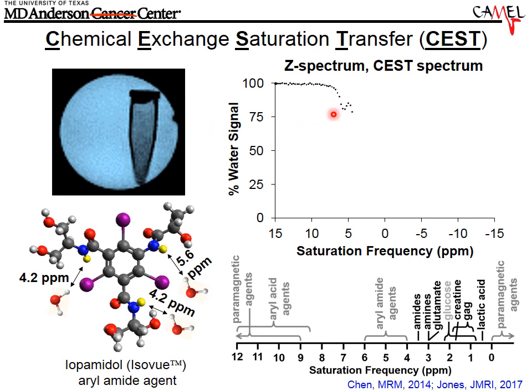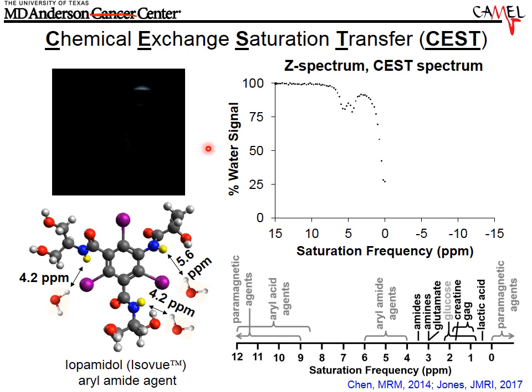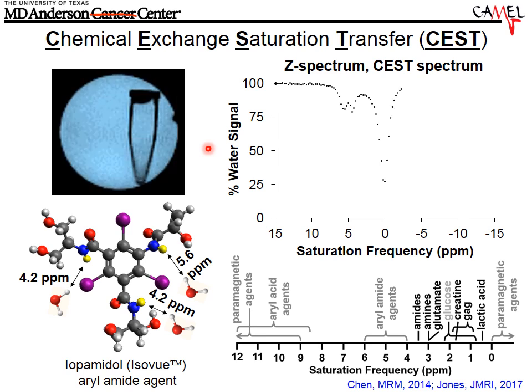And you can see another peak is appearing within this so-called Z spectrum or CEST spectrum. And if I were to continue, the tube does get brighter, and then both peaks get dark as I am selectively saturating the water directly at the water frequency. So even the outer tube is dark in this case. And then for analysis purposes, the CEST spectra are often taken in a symmetrical way.